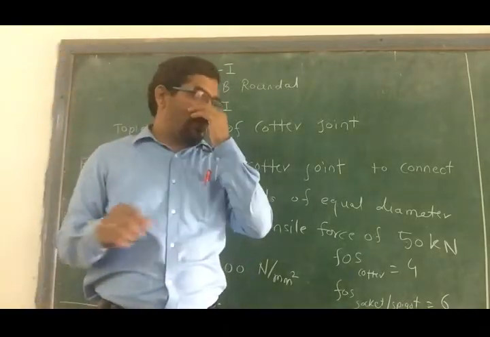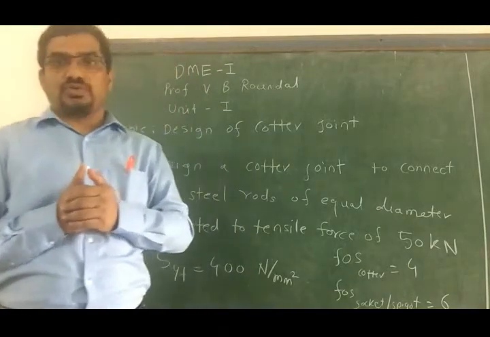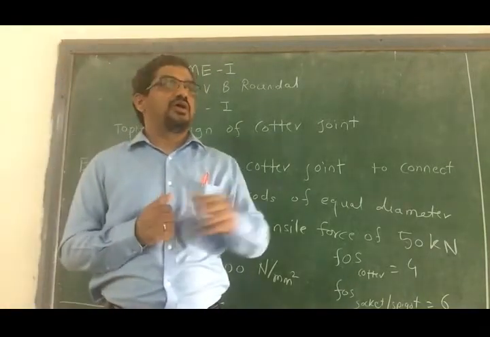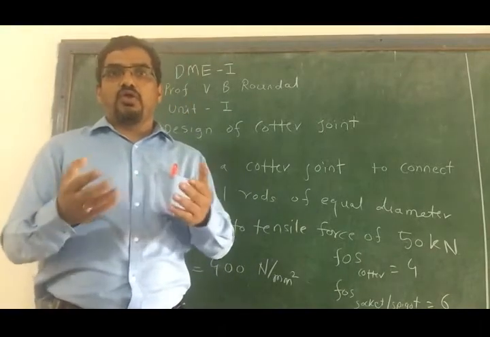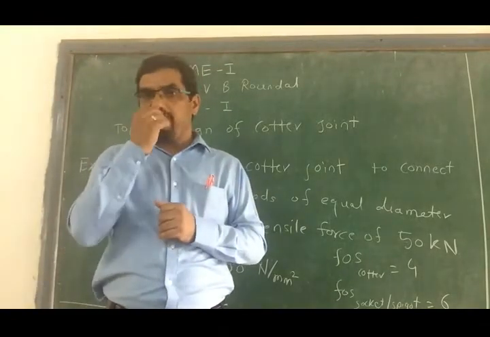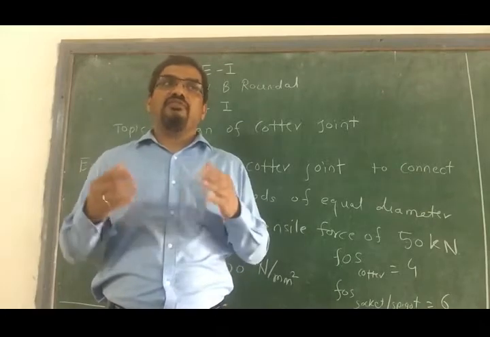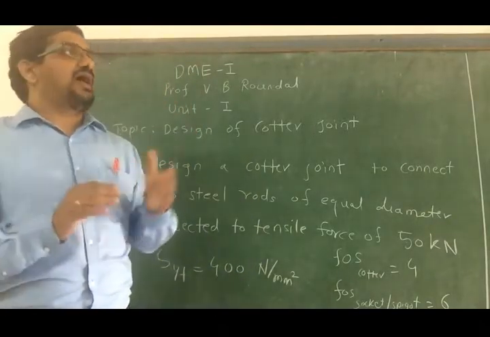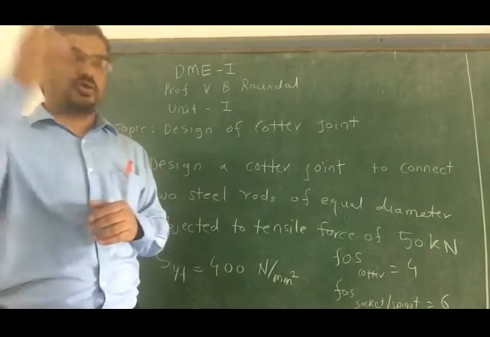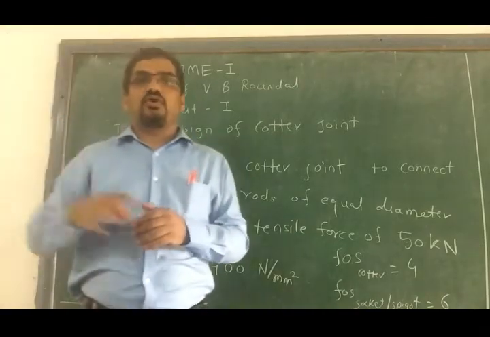It is only for axial loads, tensile or compressive. One end will be pulling the socket or the spigot, and will have a tensile or compressive force. That load will be transferred to the quarter. We have gone through this in the previous lecture, and then this quarter pin will transfer that load to the other end. That is how the quarter joint works.